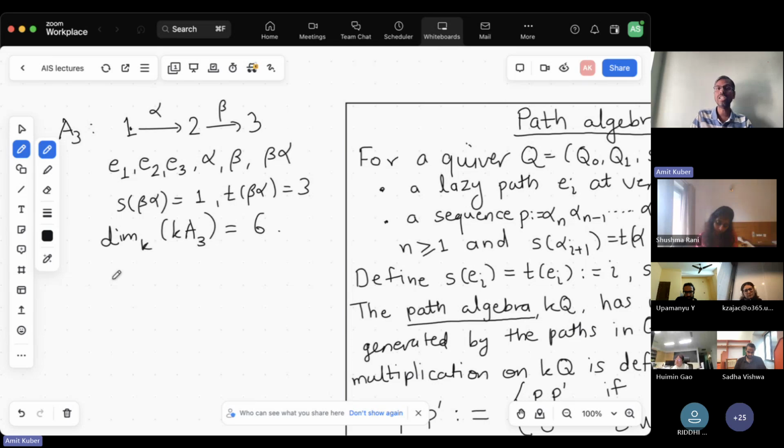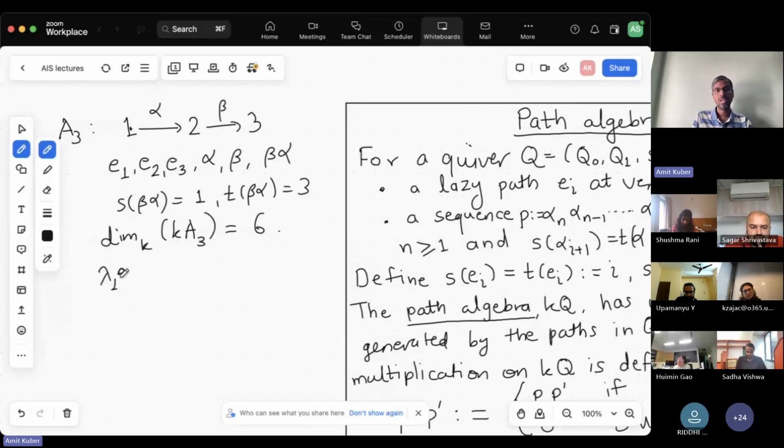And what does a general element of this look like? It looks like lambda 1 E1 plus lambda 2 E2 plus lambda 3 E3 and so on, up to lambda 6 beta alpha. So these 6 sums.